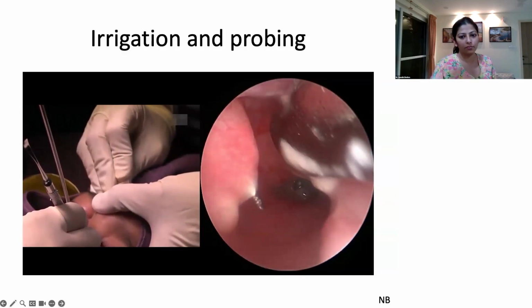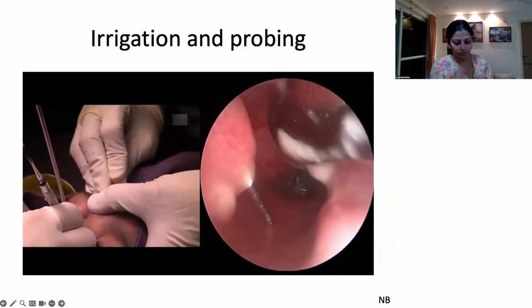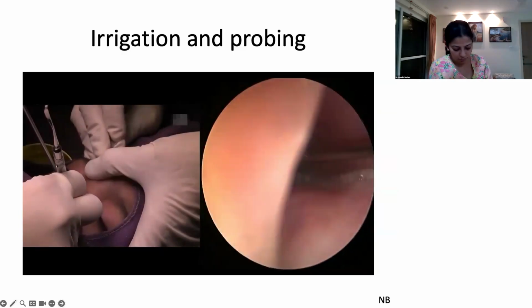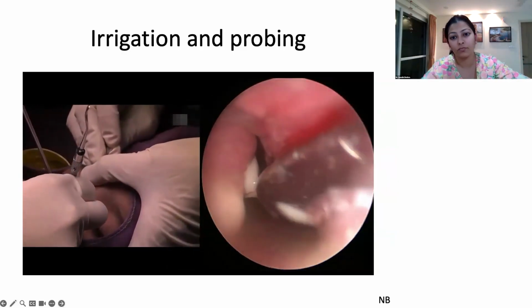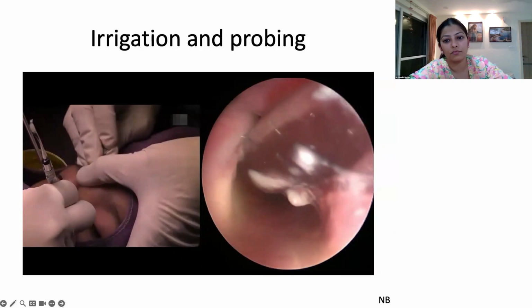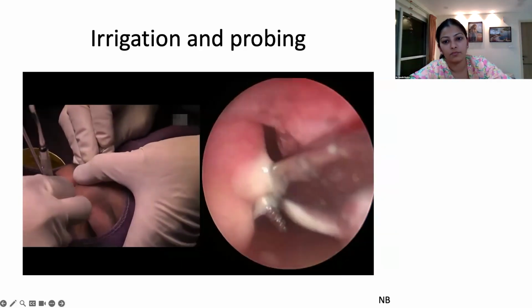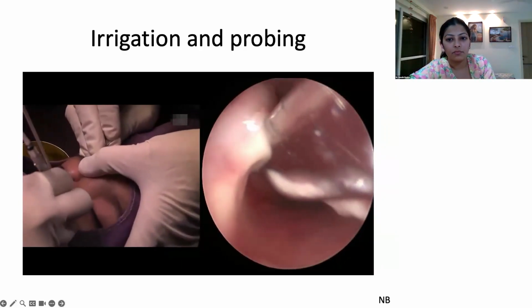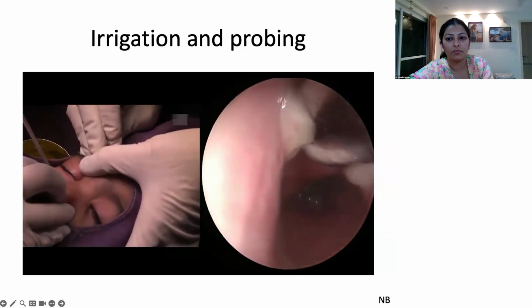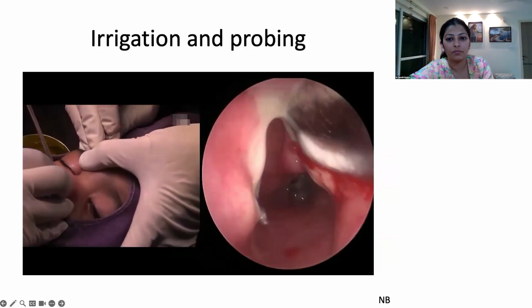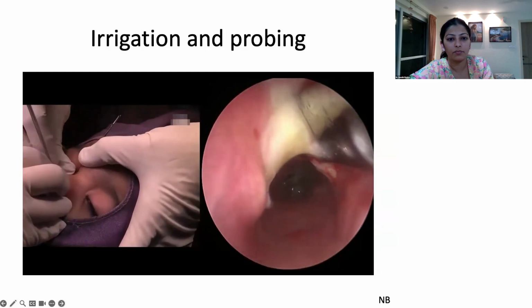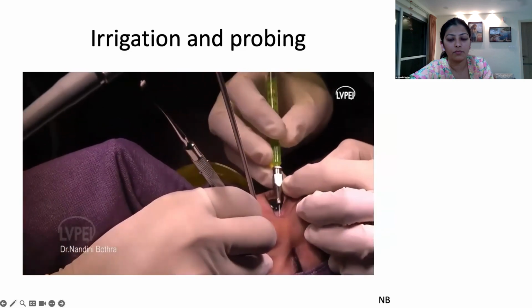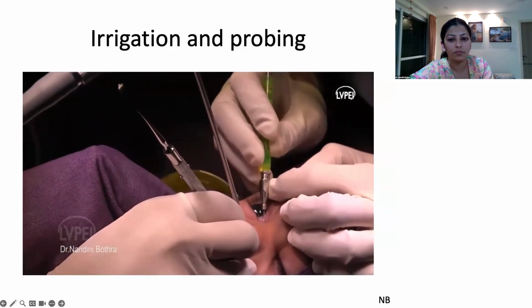Probe is then advanced and the obstruction is overcome under direct visualization. The probe visualized in the meatus is then lifted with the help of the elevator to widen the opening. Irrigation is done to confirm the free passage of distilled water.